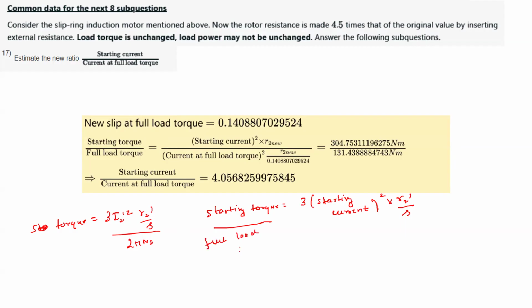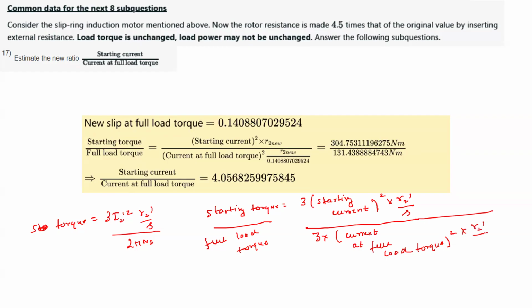I am taking the ratio so that the 2 pi ns gets cancelled in both. So this is 3 into the current at full load torque squared, into R2 dash by the slip at full load.